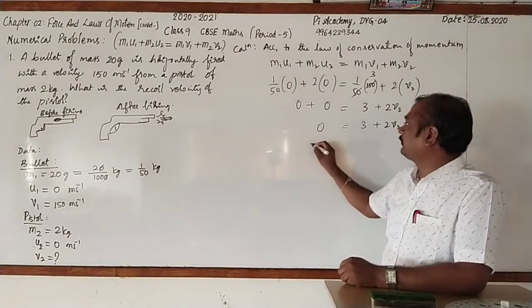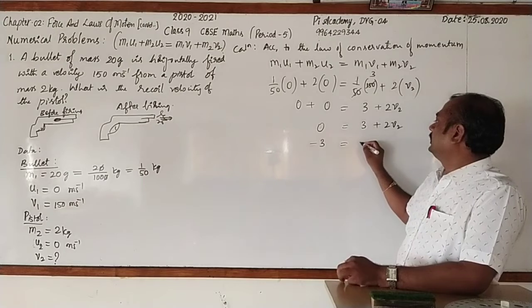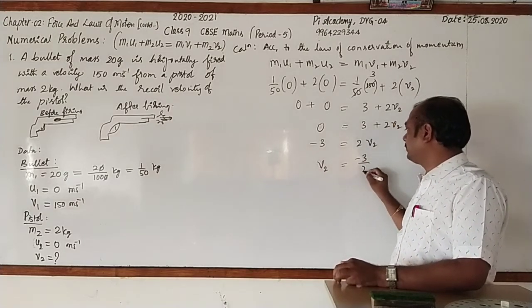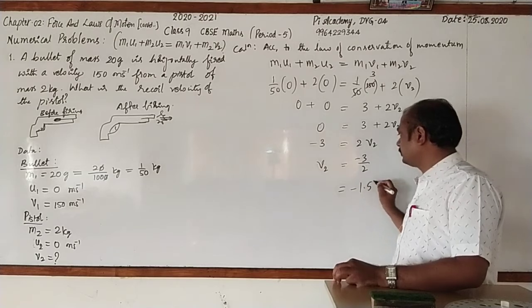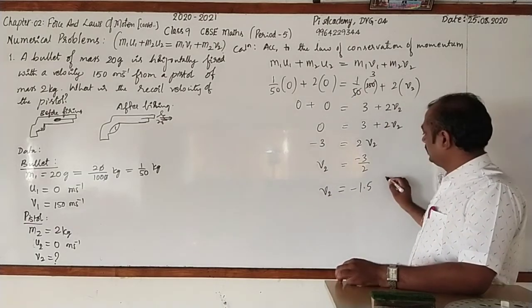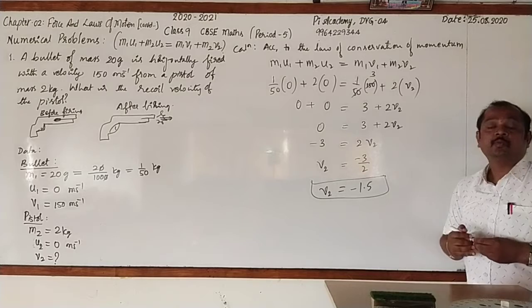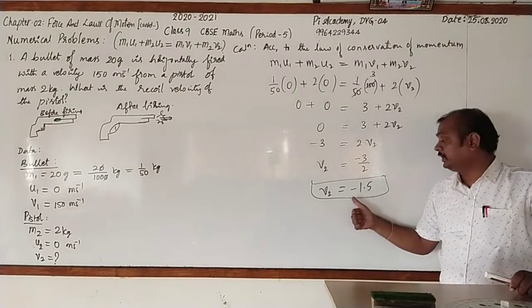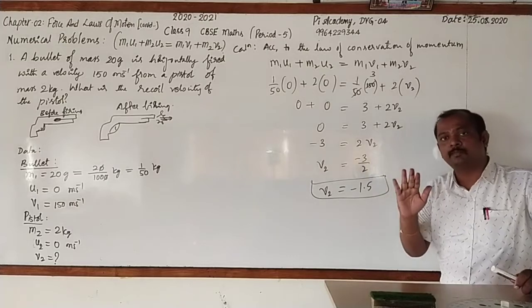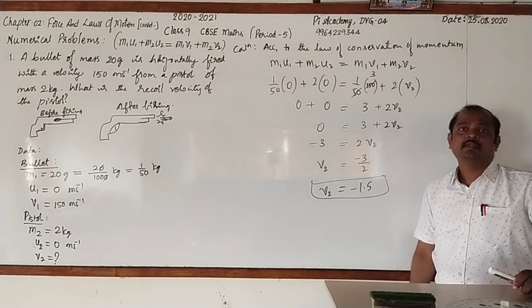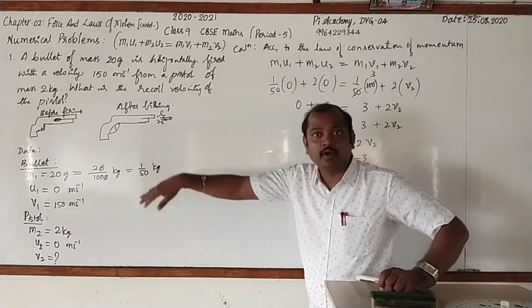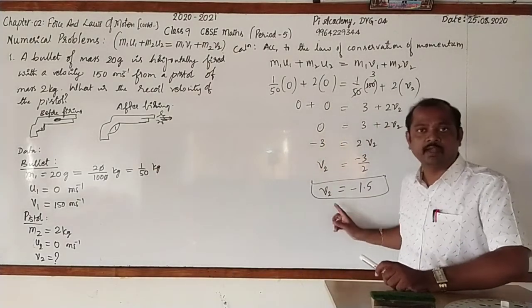Transfer 3 to the left hand side. Minus 3 is equal to 2 V2. Then V2 is equal to minus 3 by 2, which is nothing but minus 1.5. Did you understand? What is the recoil velocity of the pistol? You cannot say minus 1.5. It is just 1.5 meter per second. Then what does the minus sign indicate? It indicates a recoiling velocity, negative velocity.